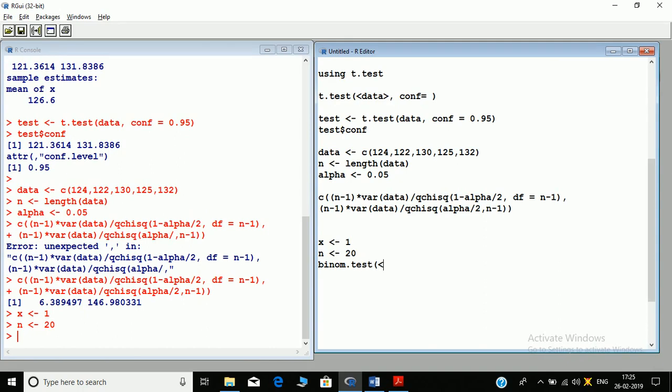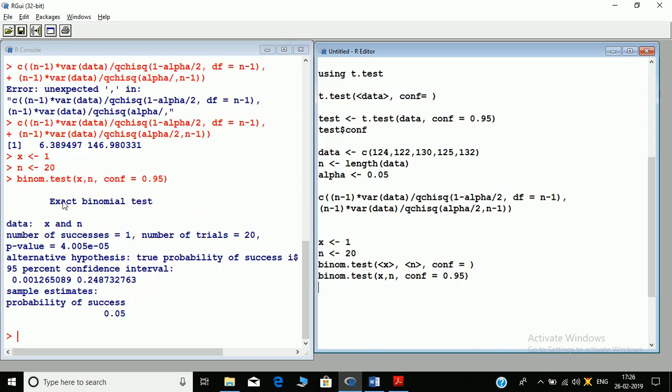It is first x, then we need to specify n, and then our confidence level. So for this case, binom.test with x which is 1, n, and conf.level equal to 0.95. We need a 95% confidence interval.